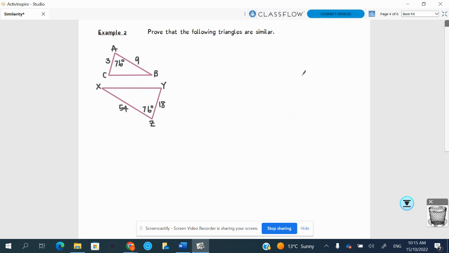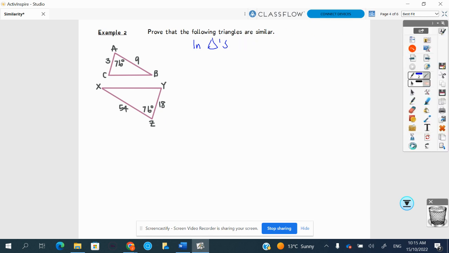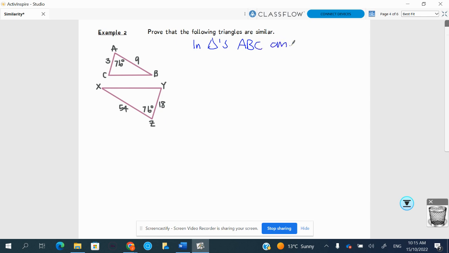We want to set out our working similar to congruent triangles. So in triangles ABC and ZXY, we need to find a few things.